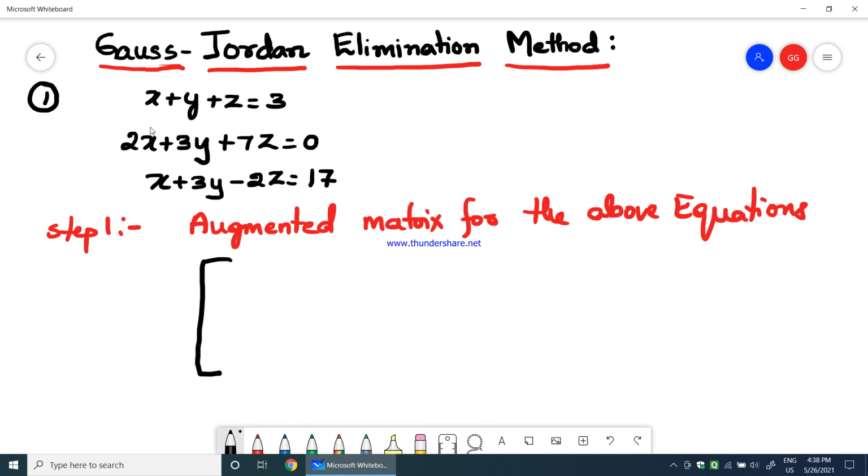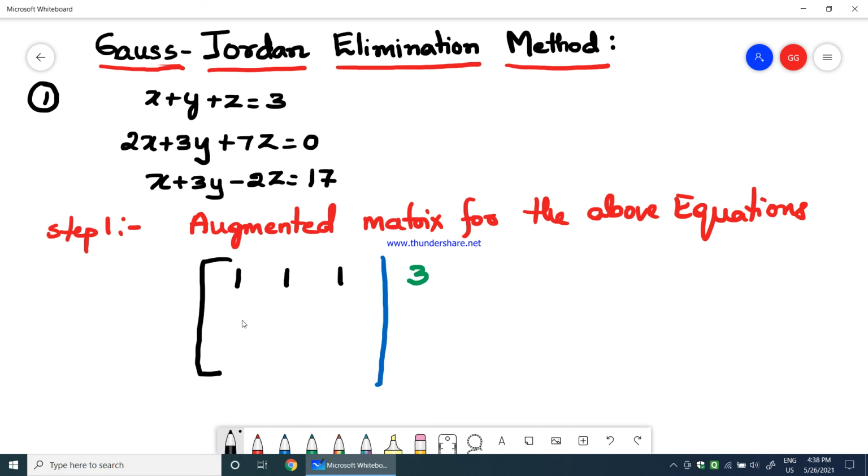Here, for x plus y plus z, the coefficients of x, y, z are 1, 1, 1, and then we put a bar here, and to the right of that bar we write the right hand side value, which is 3.